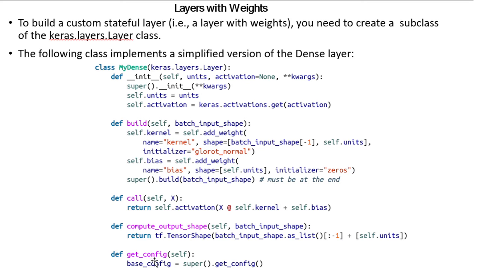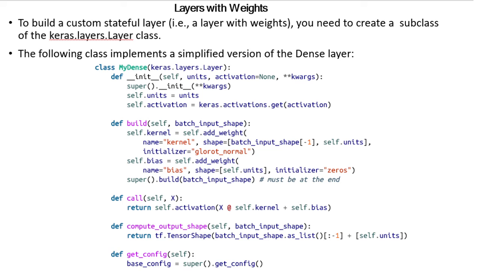And the last method is the get config method. This get config method saves the details about the activation function, with the full configuration, by calling keras.activations.serialize.